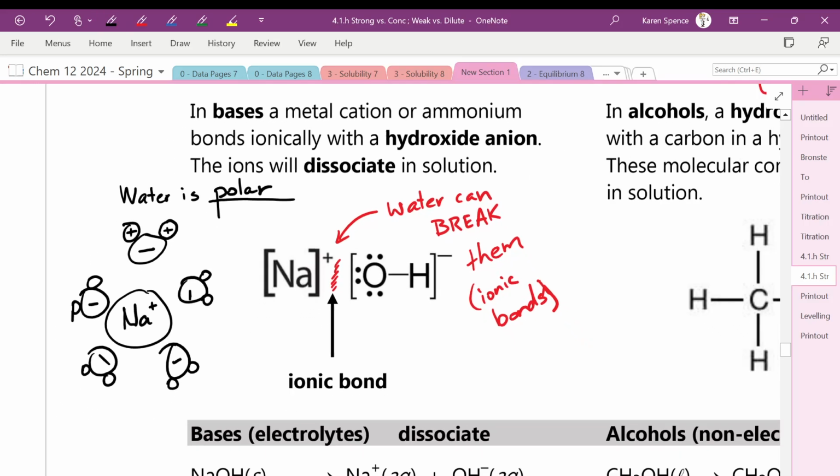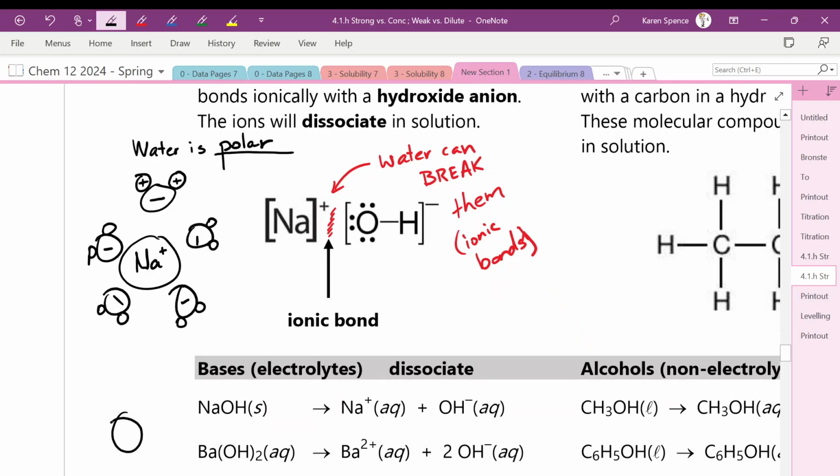And then with our OH minus, which end of the water would face the OH minus? The positive. So we would have those positive hydrogens facing that. And that's why it can pull them apart.